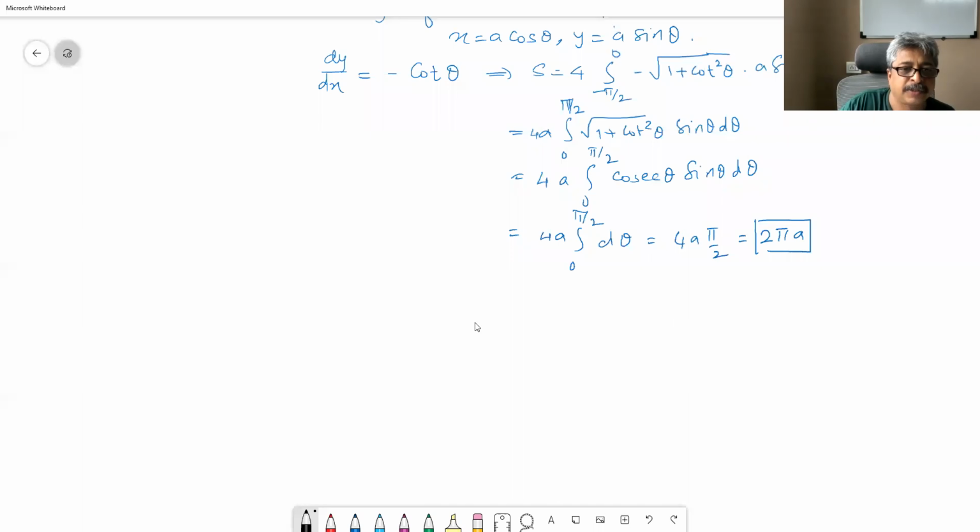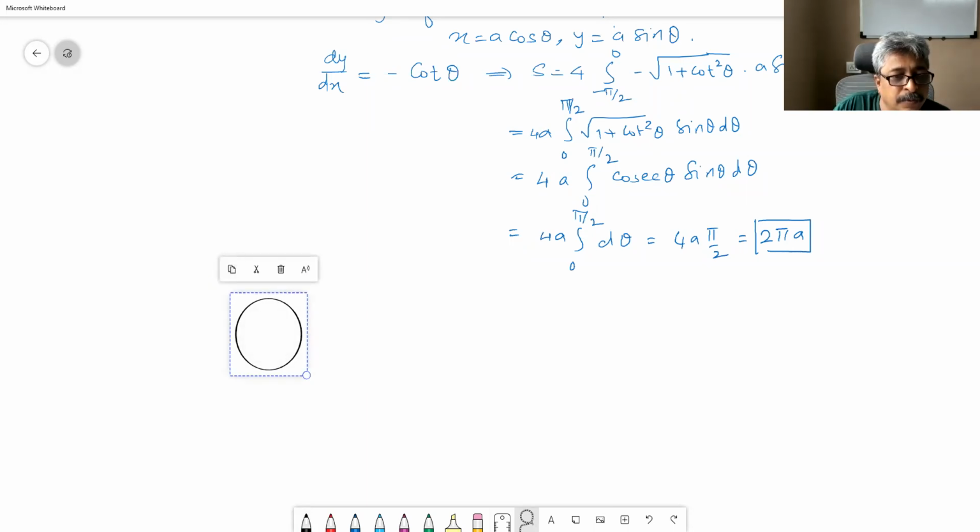You might have done this in your physics. I have a circle, and I should copy paste the circle.